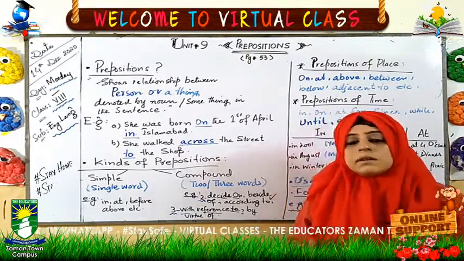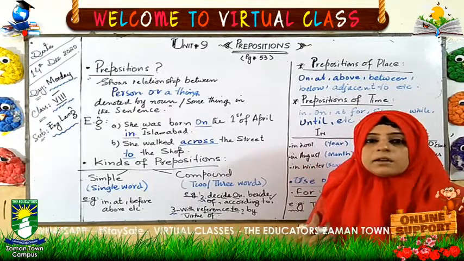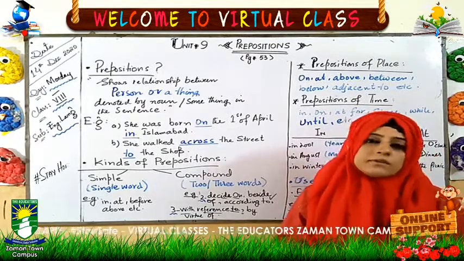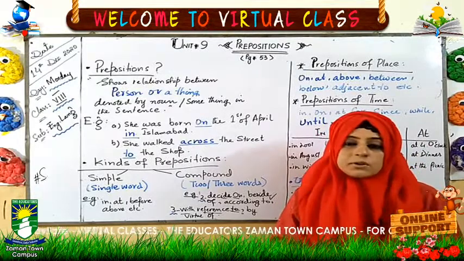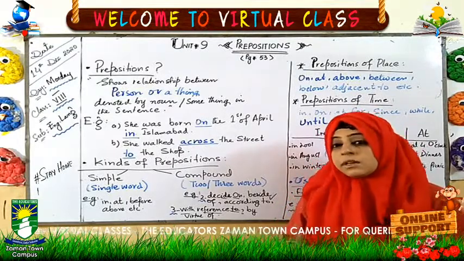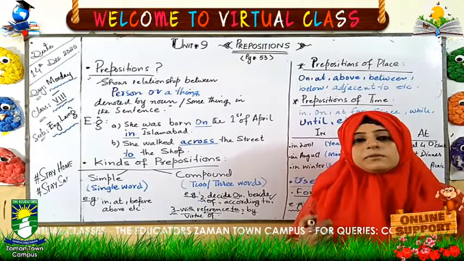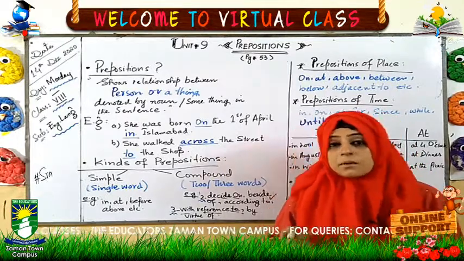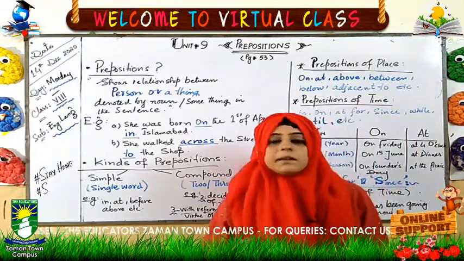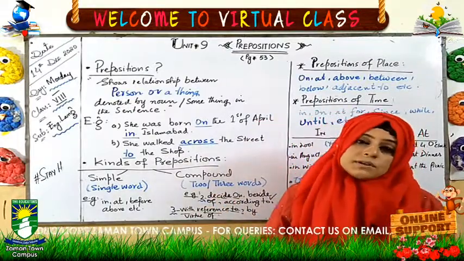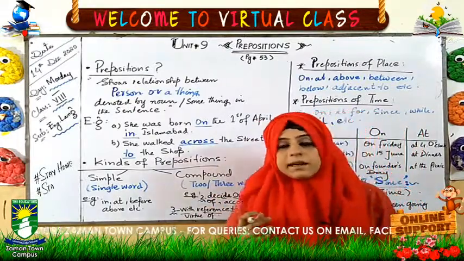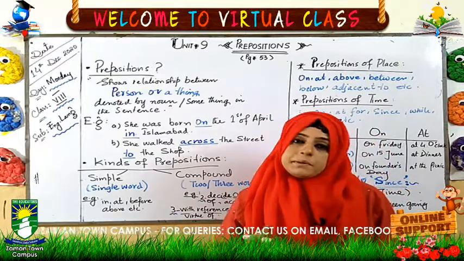So these are the multiple words which may also be used as a preposition. It's up to the sentence how we are using it. It's not necessary that only single words are considered prepositions. No, we are having multiple words, like compound prepositions, two words joined together, three words joined together, and they make a compound preposition, right?